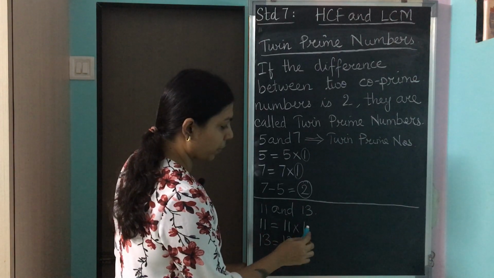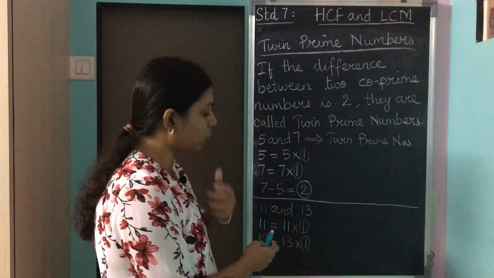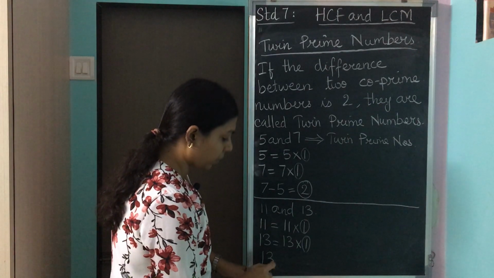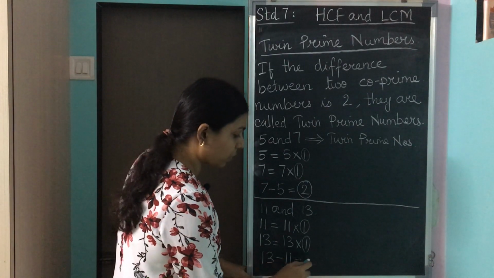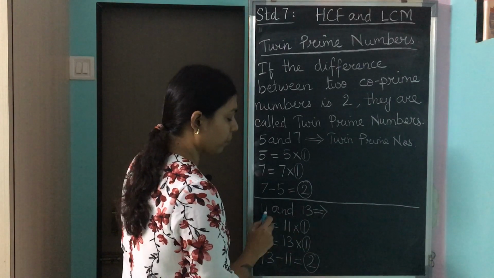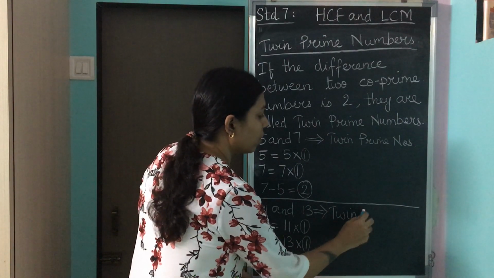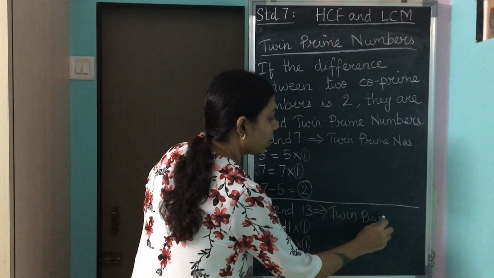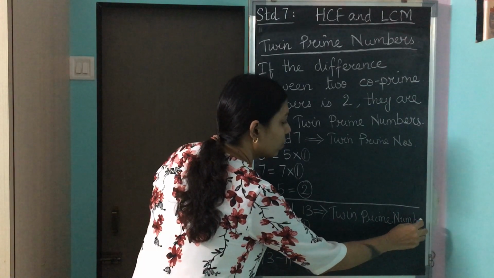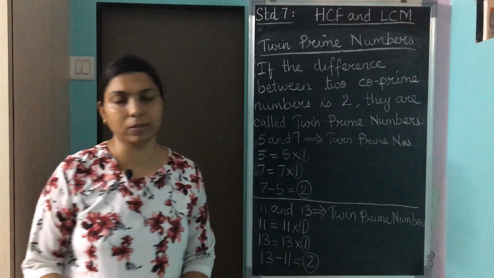So what is common between them? Only the number 1. So this means that they are co-prime numbers. Now let us subtract them. 13 minus 11 gives us the number 2. So this means that 11 and 13 are twin prime numbers. So please copy this down, students.